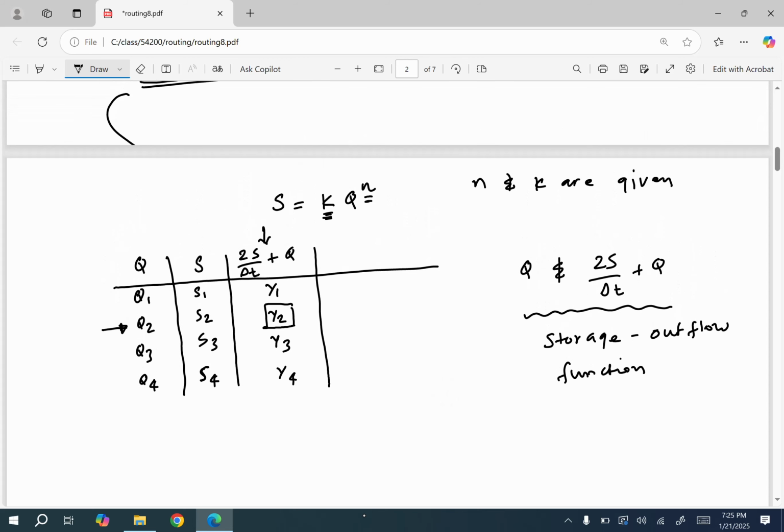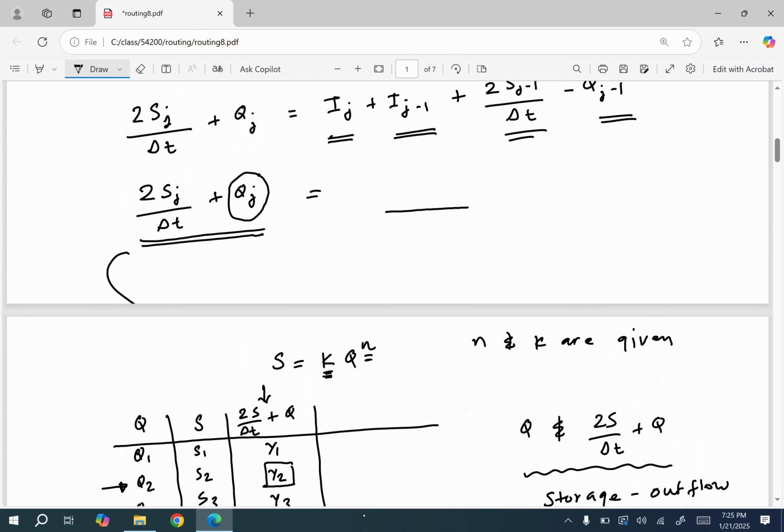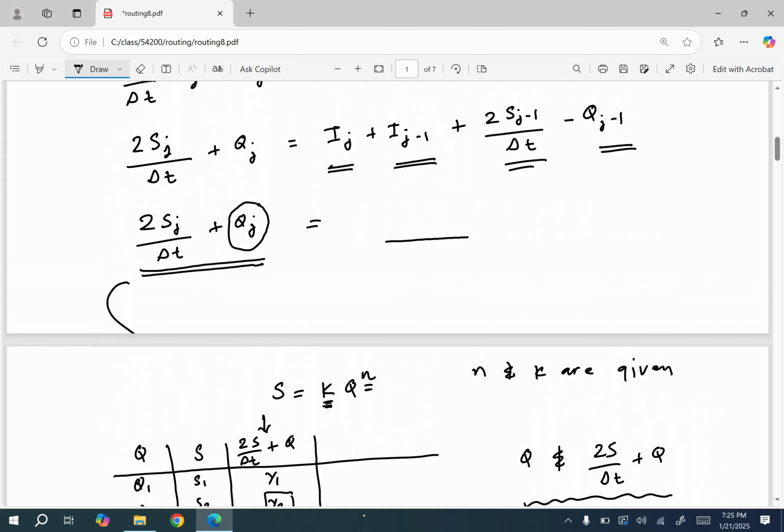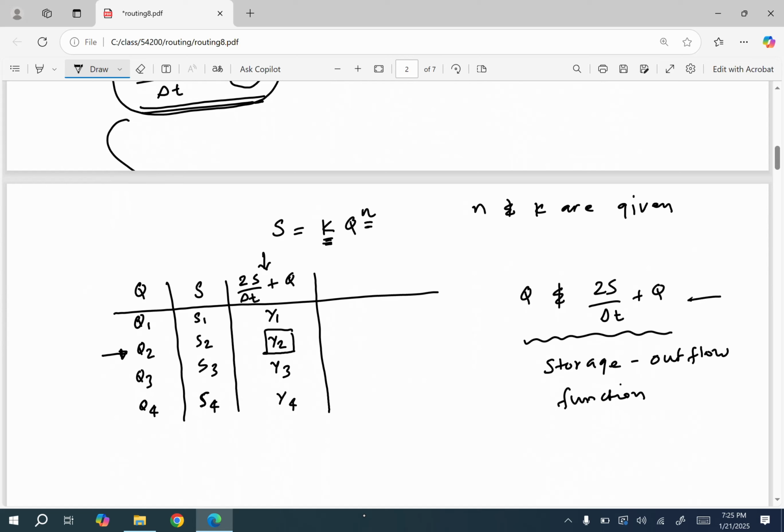Okay, so what this storage outflow function does is, by solving the right hand side of this expression, we get a value for this, and then by using the storage outflow function, I can find what q is.